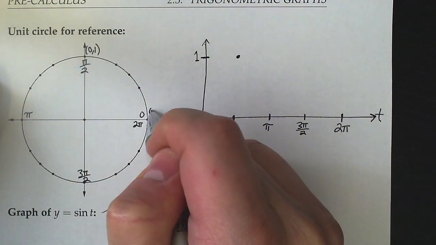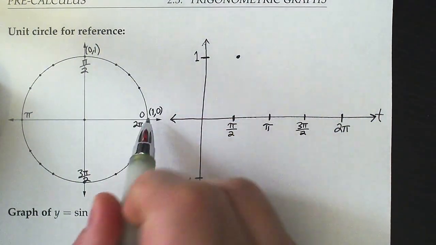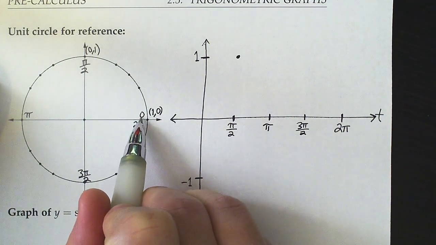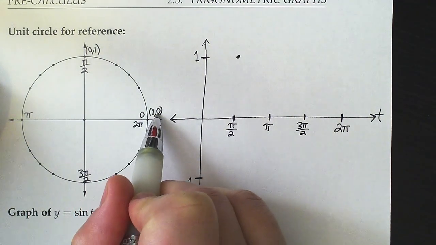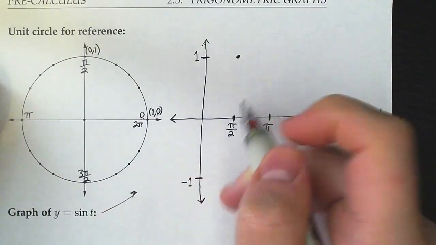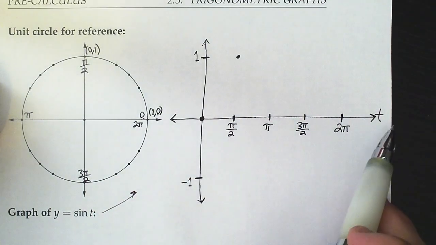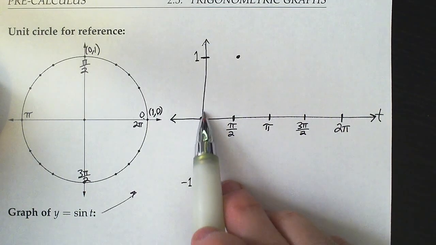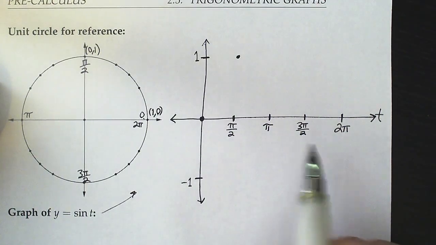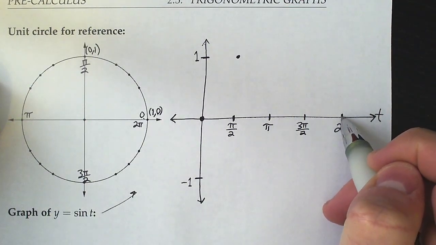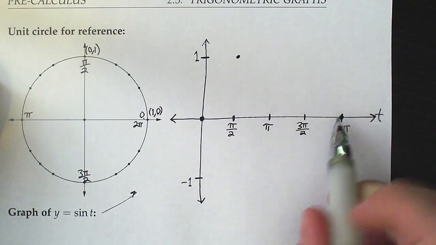A couple of other common points we know. We know the terminal point 1, 0 over here. So it looks like sine of 0 is 0, right? So I could put a point here. When t is 0, sine is at a height of 0. And it looks like sine of 2 pi is also 0, so I could put a point here.